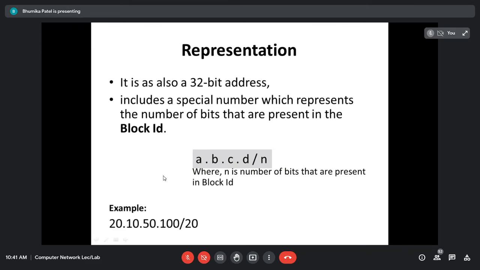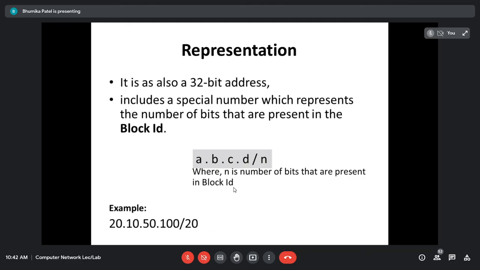As I said, it is classless, and if you see this 20, it actually belongs to class A. If you see the range is 0 to 127 for the class A, so 20 belongs to class A, but now it no more belongs to class A because what is the range of class A? Number of the IP addresses in the class A is 2^24. But now what do we have? 2^12.